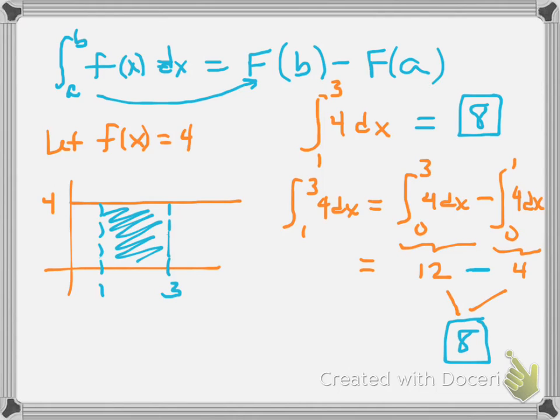So let's look at some of the first couple examples. I'm going to work on example 1, and then I'll give you the answers to examples 2, 3, 4, and 5. And then we'll come back and I'll work on example 6 in this video as well. So let's start with example 1. It asks, what is the value of the integral from 1 to 9 of 1 over square root of x dx?